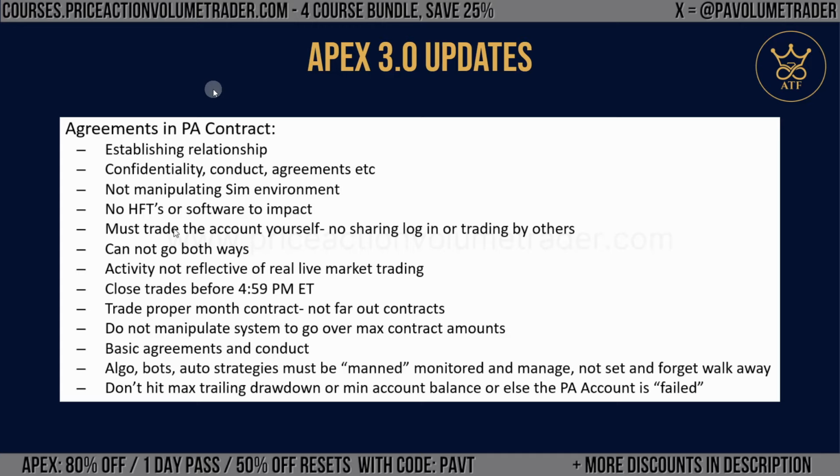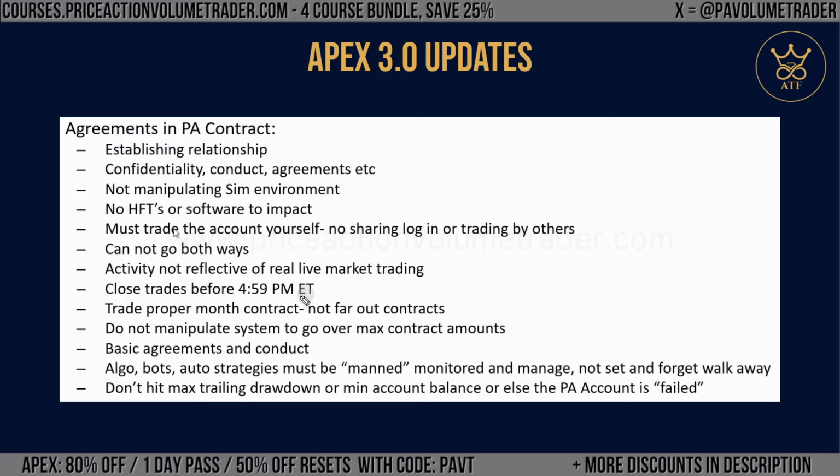Now, this is just general stuff that is still pretty much similar to what it originally was, agreements and the PA contract. I'm not going to go through it one by one. Specifically with the closed trades, they say if you fail to close them, they're just going to be closed automatically by the system. You're not going to lose the account, but if they see people repeatedly leaving trades open, that means they're not really monitoring their accounts, so they could be flagged.